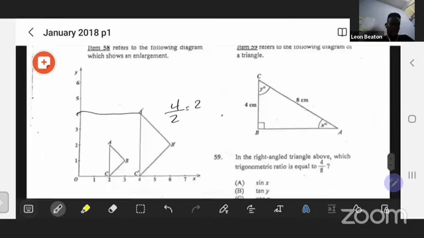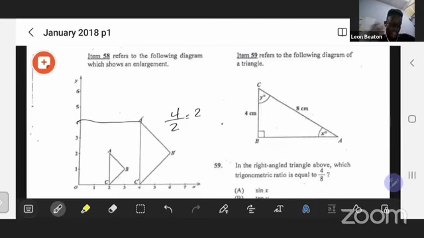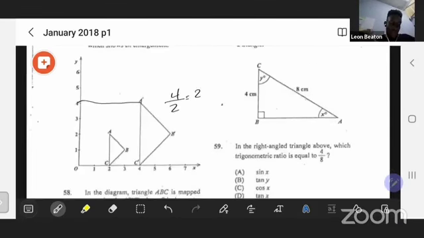Item 59 refers to the following diagram of a triangle. In the right angle triangle above, which trigonometric ratio is equal to 4/8? So let's label it using the x.